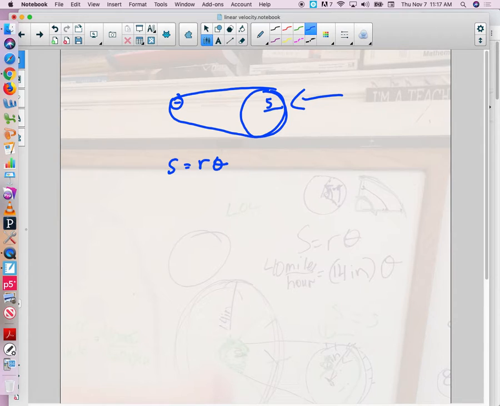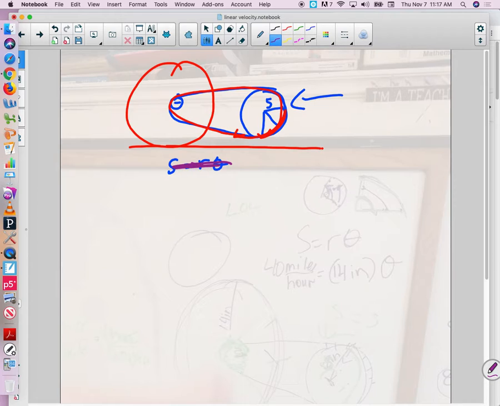All right? As I start to pedal and this thing starts to go, it goes through a certain amount of chain. This one has to go through the same amount of chain as I pull it. Okay? It kind of depends on what I ask you. This one, which S were you given?